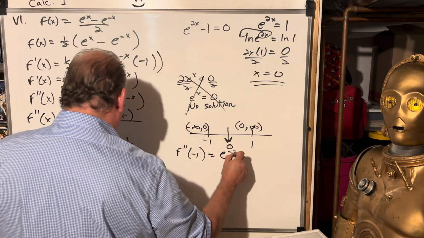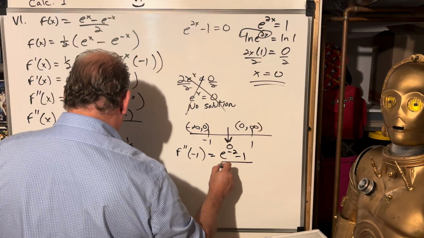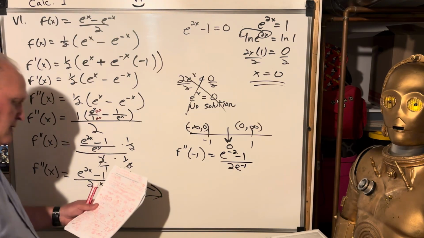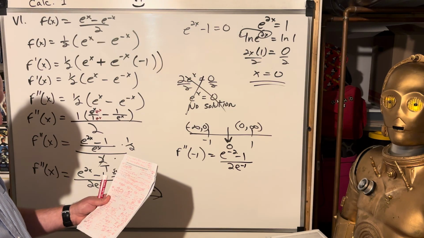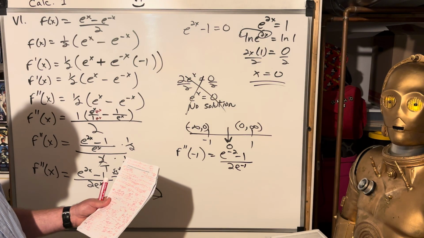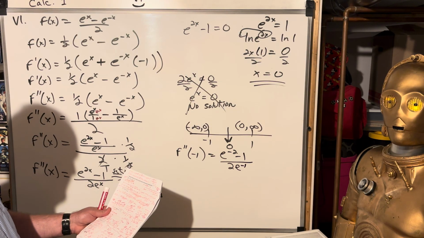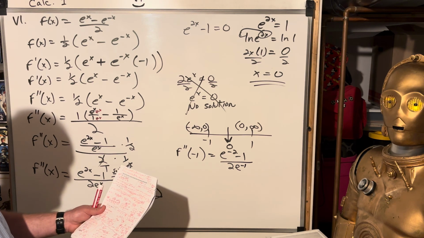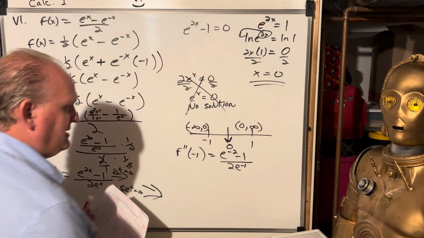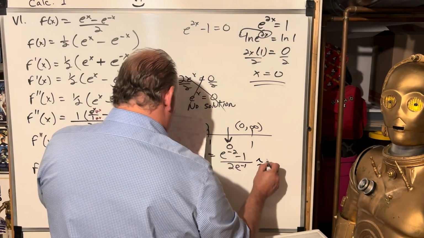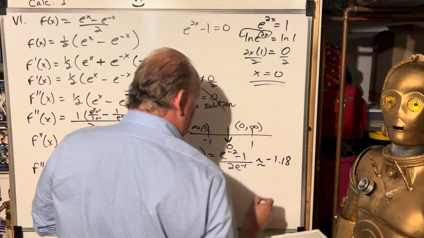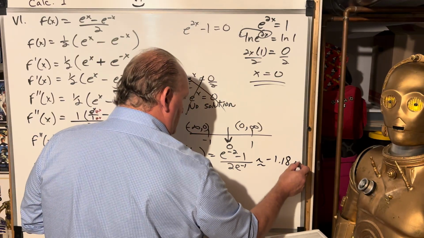E to the negative 2 minus 1 over 2e to the negative 1. If you click that into your calculator, you're going to get like negative 0.865 on the top and 0.785 on the bottom. That's approximately negative 1.18, which is less than 0.